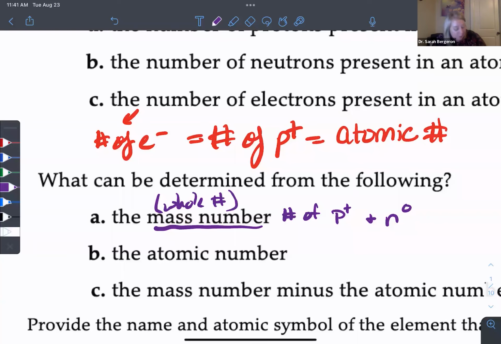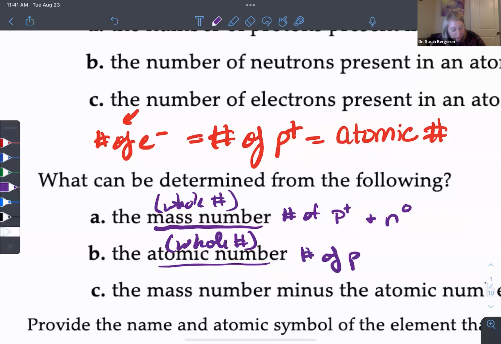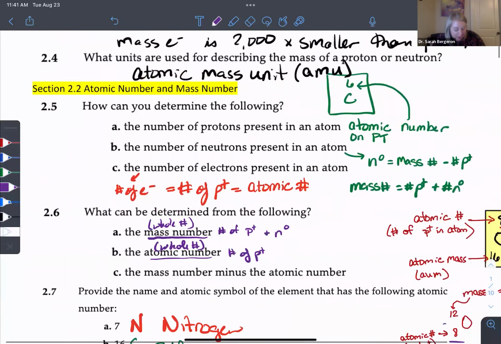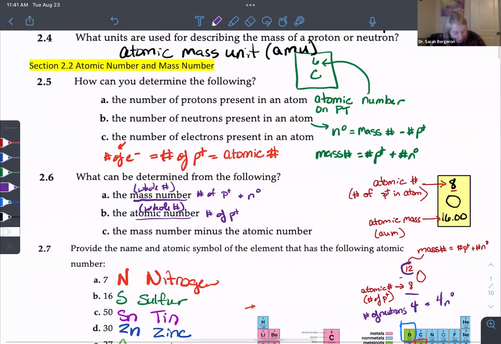The atomic number is, again, always going to be a whole number because this number is simply our number of protons. Okay. And then if we take the mass number minus the atomic number, what does that give us? That gives us the number of neutrons. And this is, again, a whole number, right?